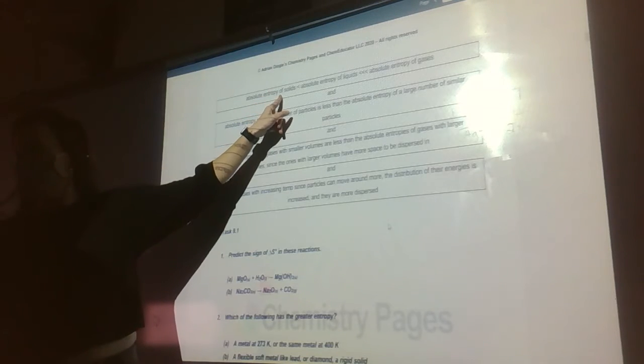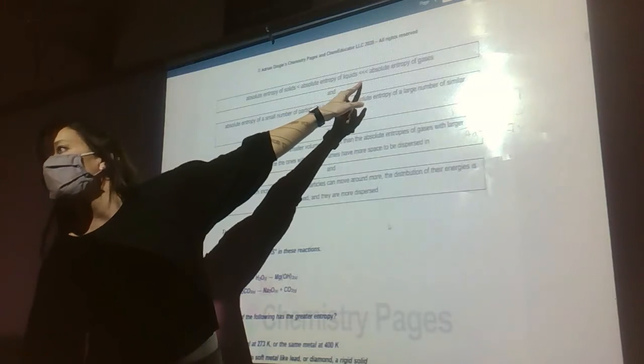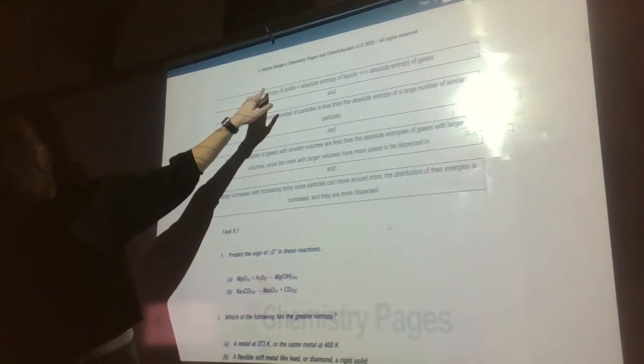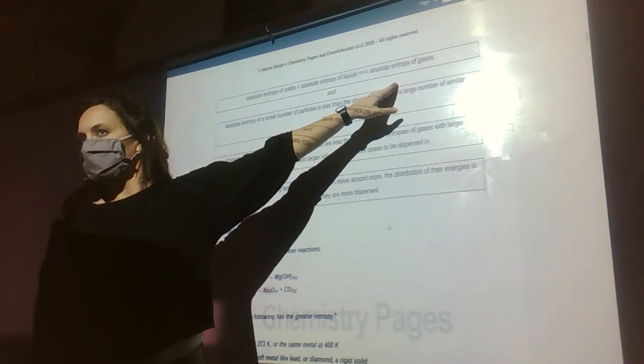So, here are some examples of what we were just talking about. The entropy of solids is less than the entropy of liquids, and those are both much, much less than the entropy of gases. Order, less order, disorder. Make sense? Gases are chaotic. They're moving fast, they're moving randomly, all those things.